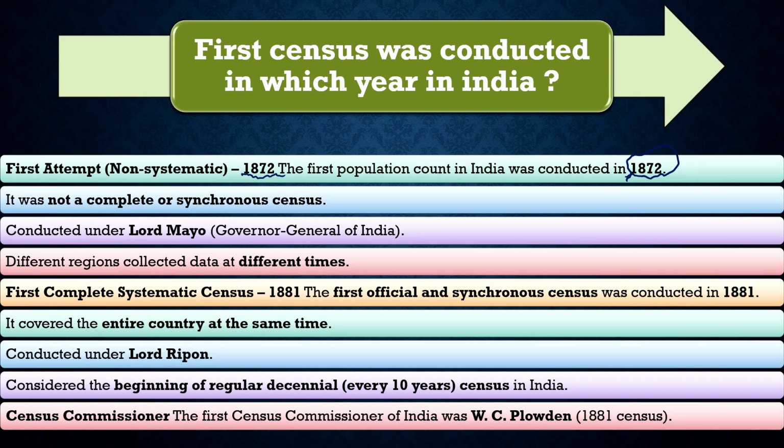And it was not a complete or synchronous census, and it was conducted under the guidance of Lord Mayo. Okay, Lord Mayo. First census was conducted in 1872 in India, under the guidance of Lord Mayo, Governor General of India.